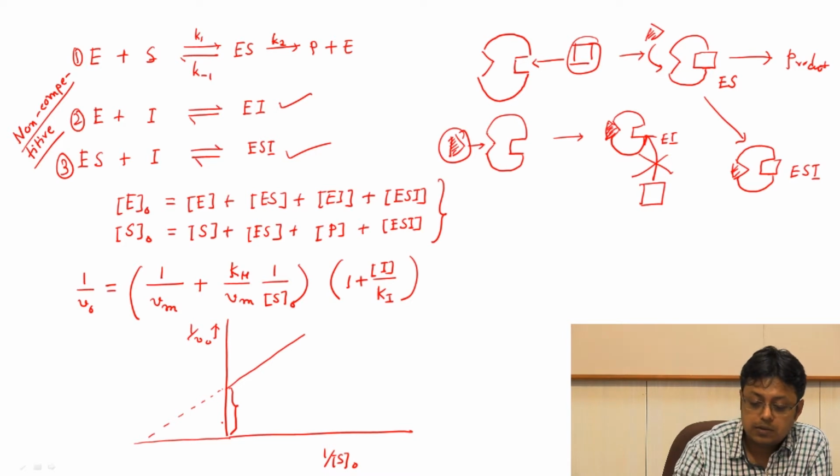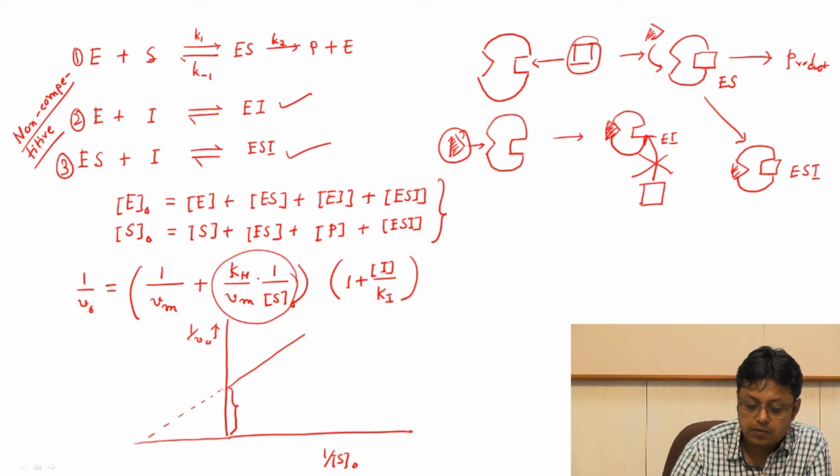So 1 over S0 is 0, so this term basically vanishes. So what I'll have is that 1 over V0 will be 1 over Vm times 1 plus I divided by Ki.